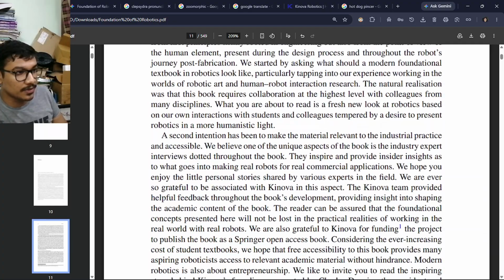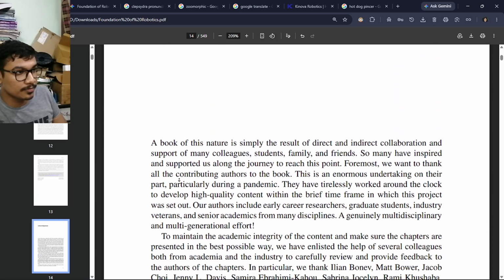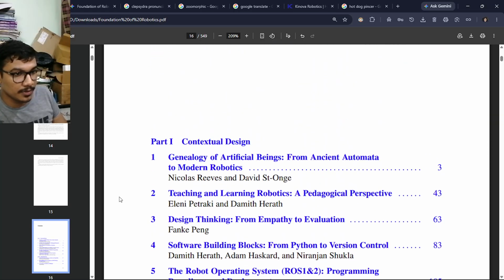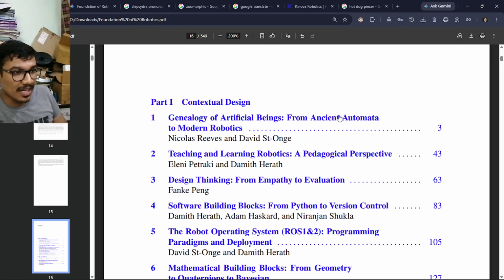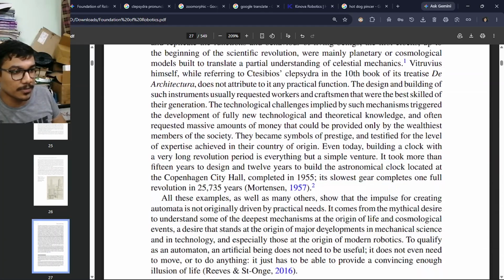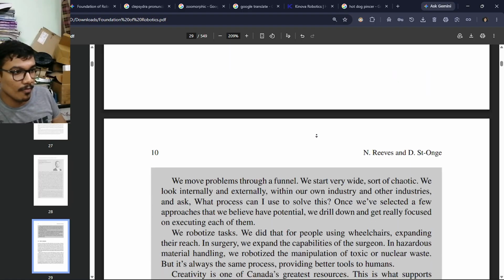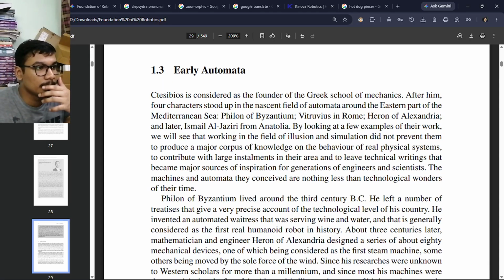Where's the index? Okay, there it is. That's a really big topic, to be honest. Anyways, I'm just going to read it. Early automata. So wait, how do you pronounce this?